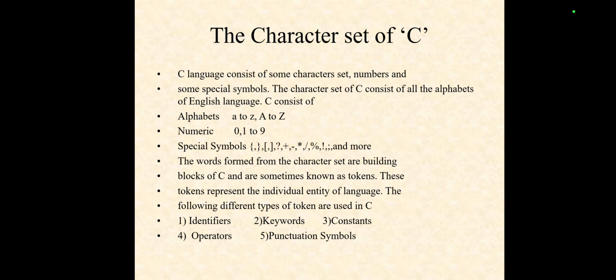The numerics, that means the numbers which are allowed in C language, are 0, 1, 2, 3, 4, 5, 6, 7, 8, 9.